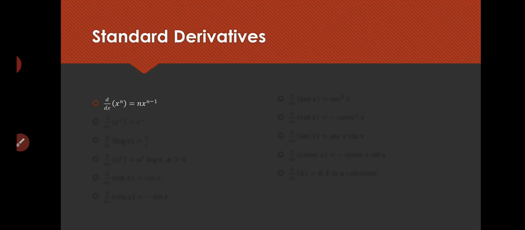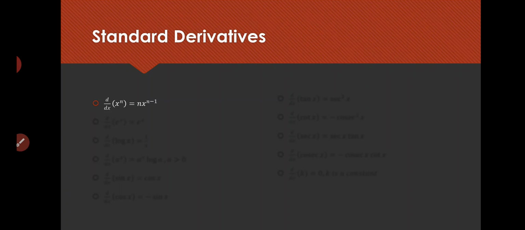So the first one, d/dx of x to the power n, any power of n, need not be an integer, it can be a fraction as well. So d/dx of x to the power n is equal to n into x to the power n minus 1. Well, obviously n should not be equal to 0.